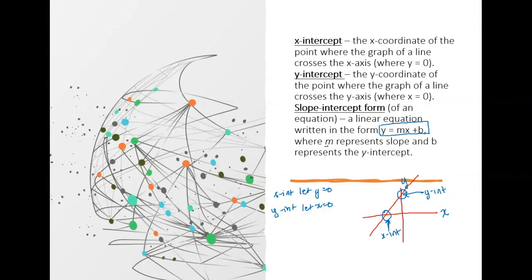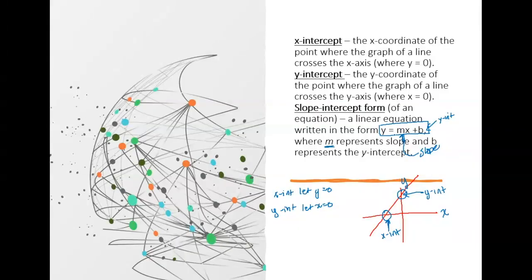I already talked about in the last slides that we often use m for slope. So in this equation, m is the slope, and b is the y-intercept. With x and y, I don't want to confuse you right now, but we usually use a point to sub in to solve for a missing value.